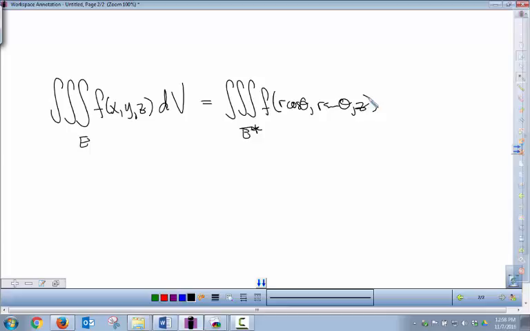So now our differential that used to be dx, dy, dz in some combination or permutation of those 3 things will end up being dr, d theta, dz. But remember that there is an extra r that pops up from our Jacobian.